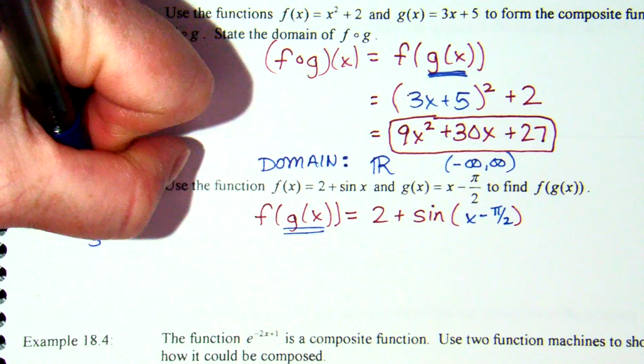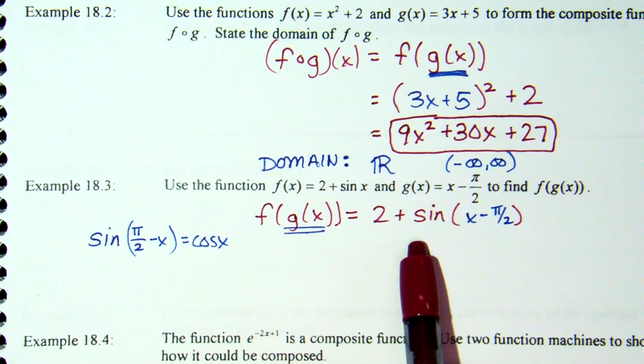It's reversed. So when it's reversed, you can factor out a negative and put it out in front of sine. If I take the negative out, it changes those signs in the parentheses.